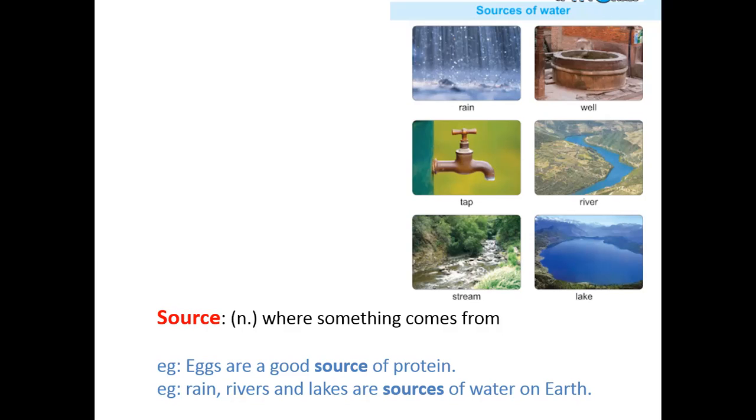Source means the thing that I get something from, like I get water from rivers. Let's read the examples that we have. Eggs are a good source of protein. Rain, rivers, and lakes are sources of water on Earth. Is it clear? Good.